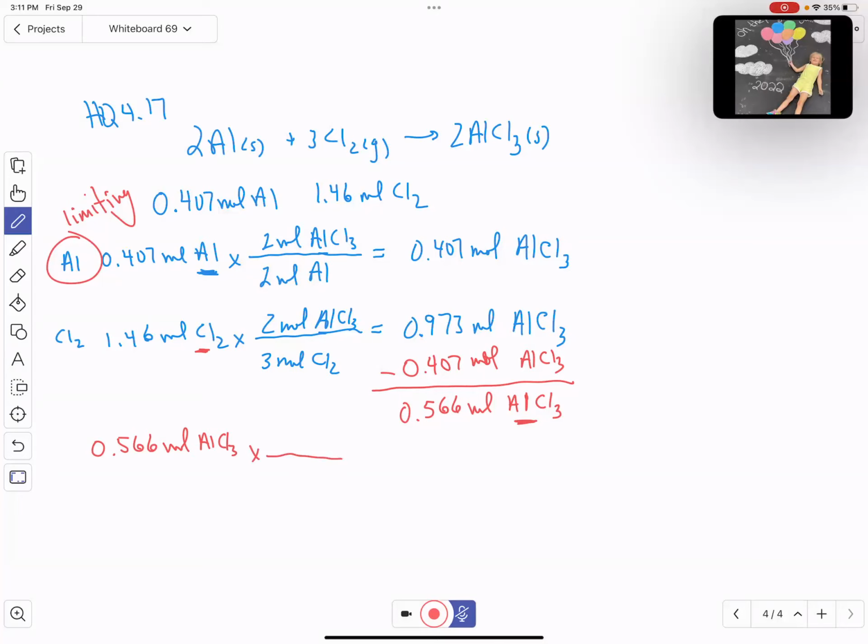That would have required, for every 2 moles of the aluminum chloride, that would have required 3 moles of chlorine. So we multiply by 3 over 2 on the way out to see that that would have been, right, about 0.8495 moles of chlorine that we had in excess, right?